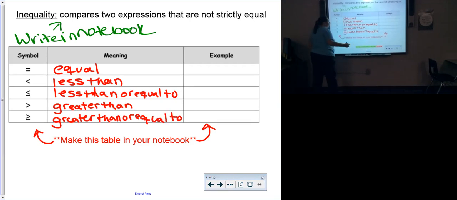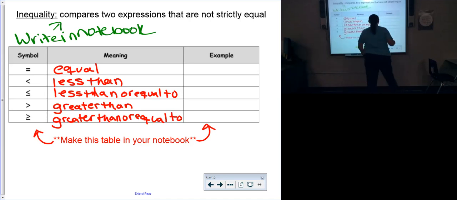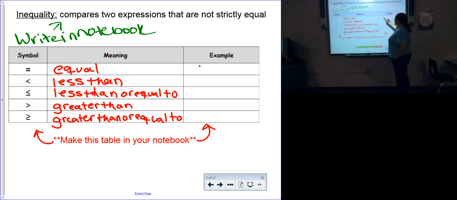For my examples, I could say x equals x. I could say 5 equals 5. For the next one, I could have x is less than 2. I could have 1 is less than 3.